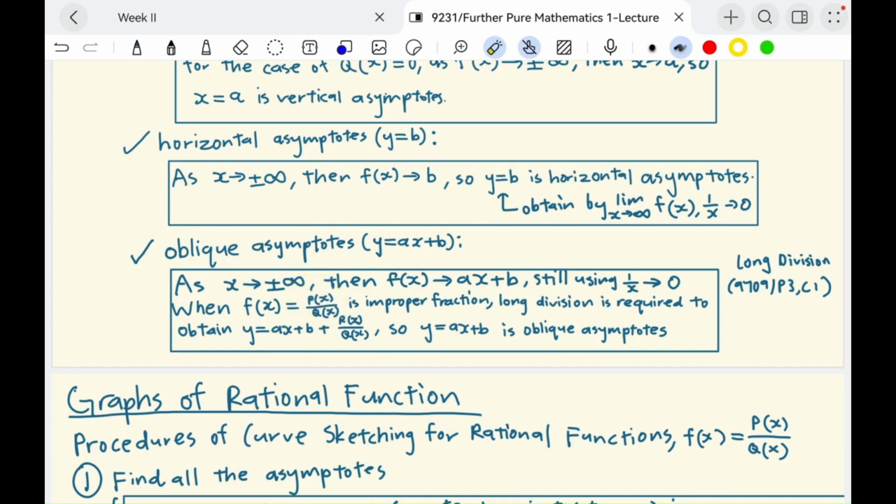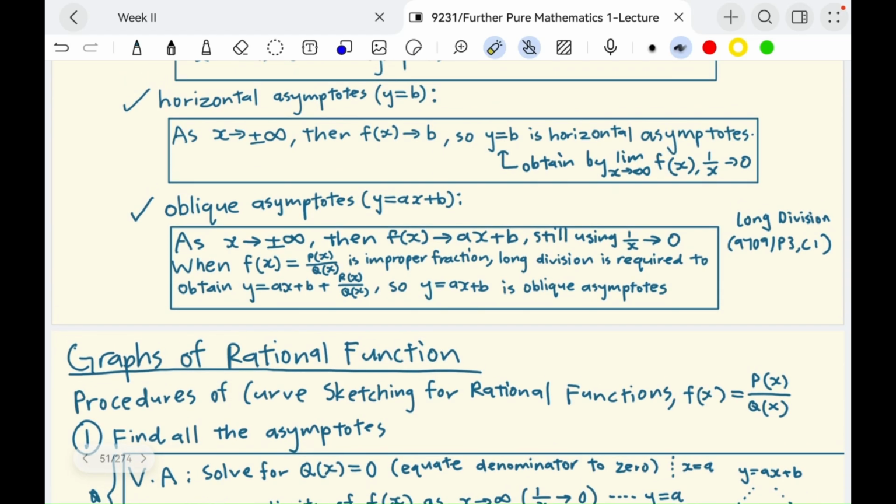Apparently, the degree of p(x) is greater than the degree of q(x). Therefore, long division has to be carried out. This long division method is included in 9709 Basic Maths Paper 3 Chapter 1 Algebra.